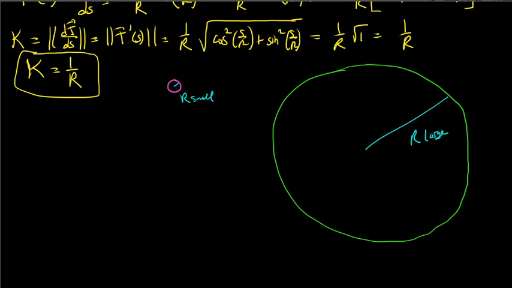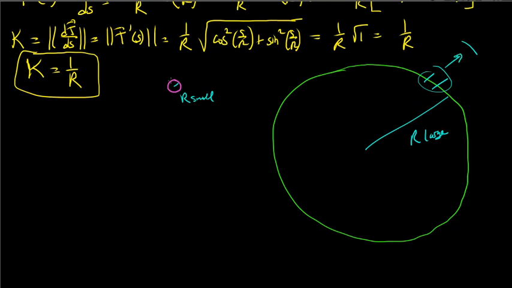So remember, intuitively, when we think of curvature, if we take a small piece of this, going at a constant speed of 1, if we look at this piece here, it's rather straight. I mean, it is a part of a circle, so it is curved, but not very much.